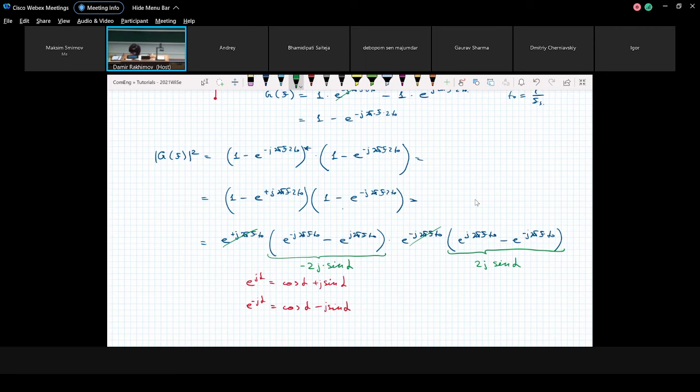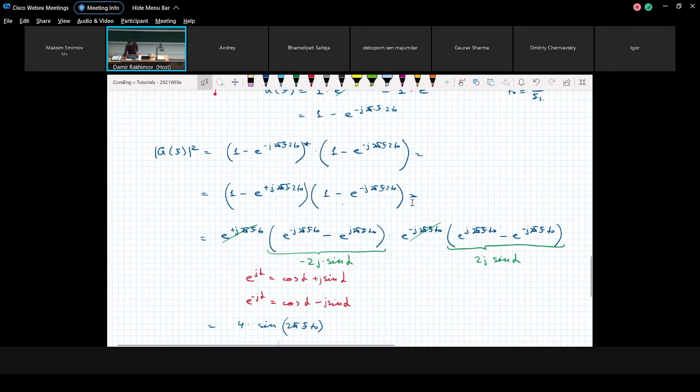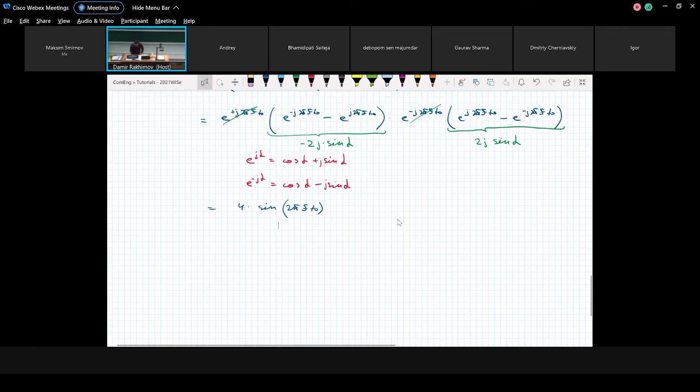And then if we calculate the product of these two parts, we get j times j will be minus 1, 2 times 2 will be 4, times minus 1 will be 4. We have 4 times sine squared of pi f t0 for our transfer function. Sine square, of course.